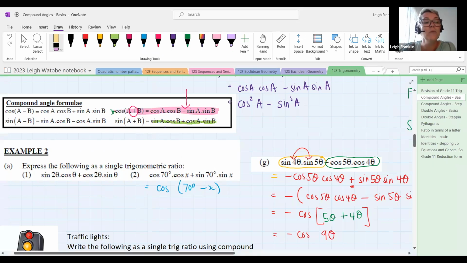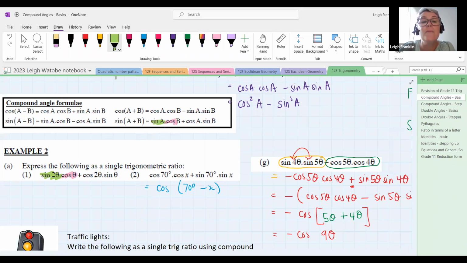What I wanted you to see here, Zintle, was that cos 2 theta cos theta plus cos 2 theta sine theta is identical to what we see over here. Because we've got sine A, sine 2 theta. Then we've got cos B, which is cos theta. Then we've got a plus sign. That's very important because we can't ignore that either.